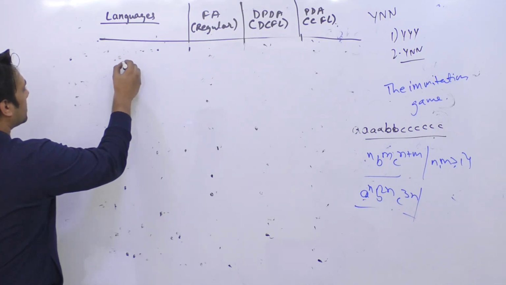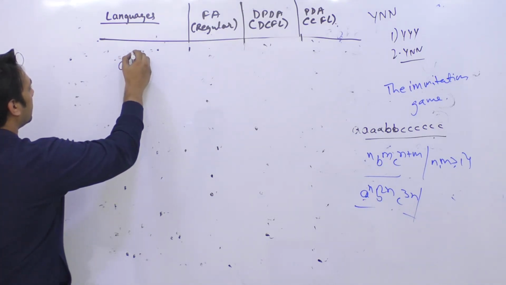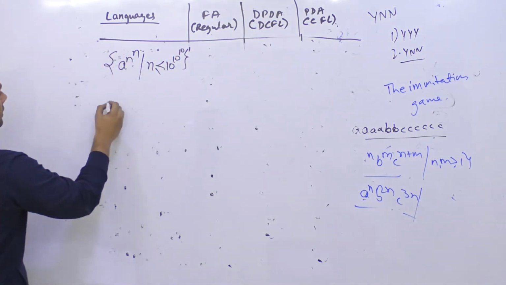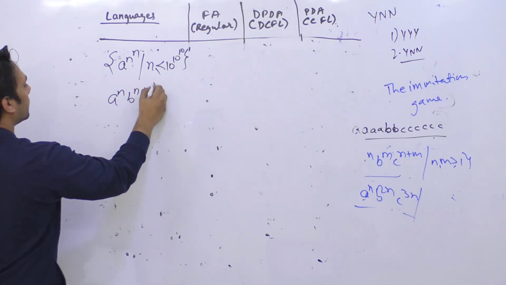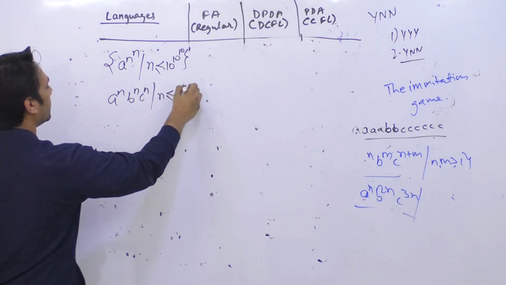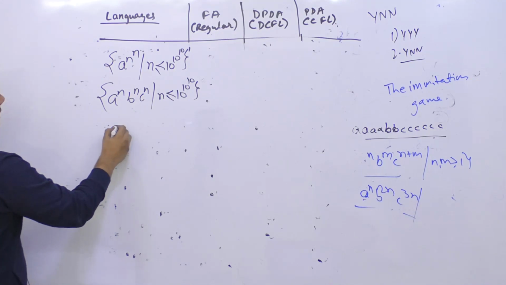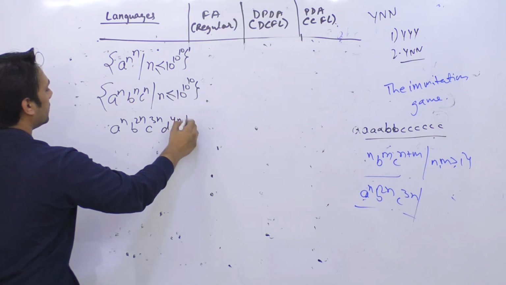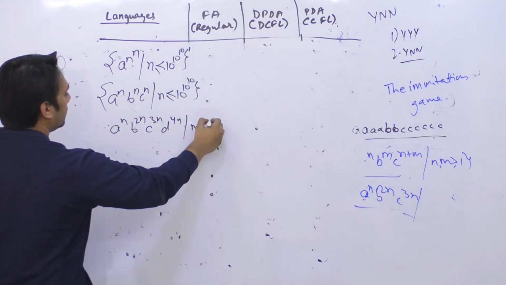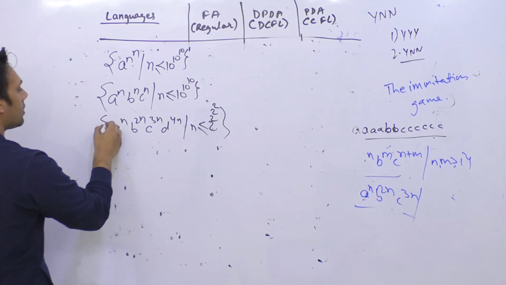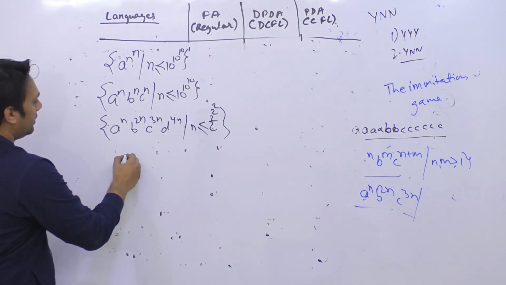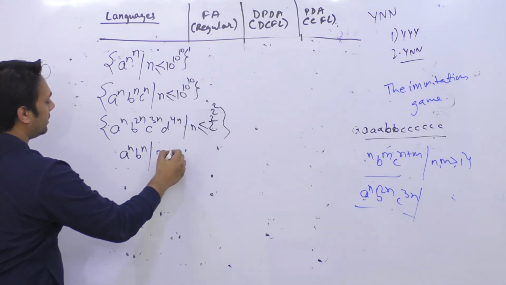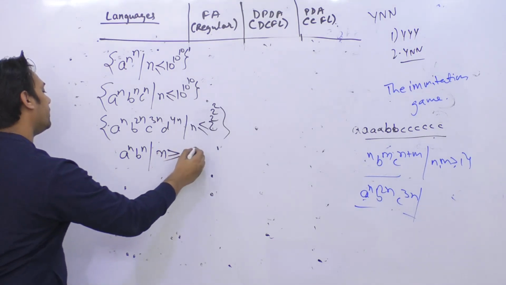Now look at these example languages. We have a^n such that n is less than or equal to 10^10^10. Then a^n b^n c^n such that n is less than or equal to 10^10^10. Then a^n b^2n c^3n d^4n such that n is less than or equal to 2^2^2^2. Then a^n b^n such that n is greater than or equal to 5.